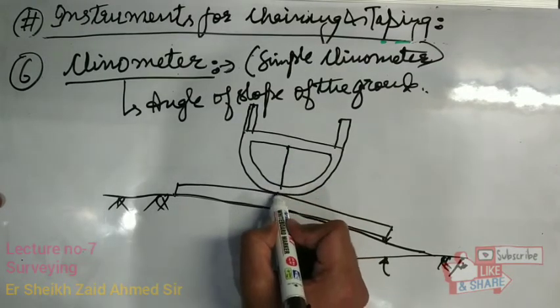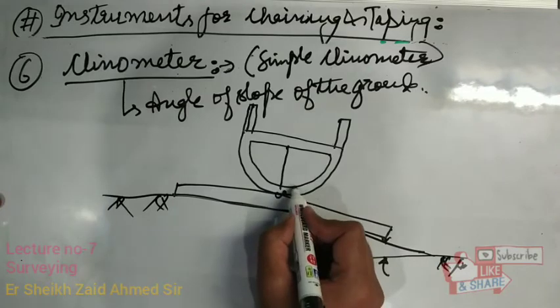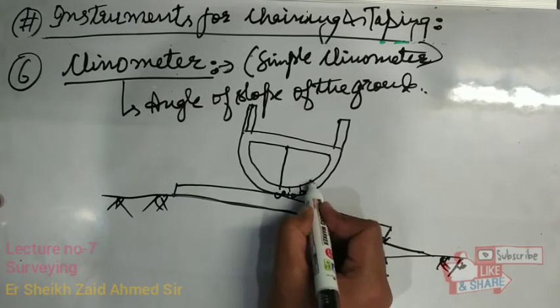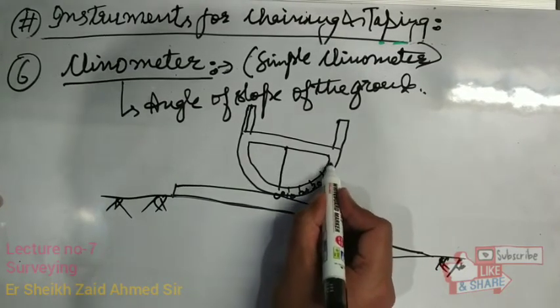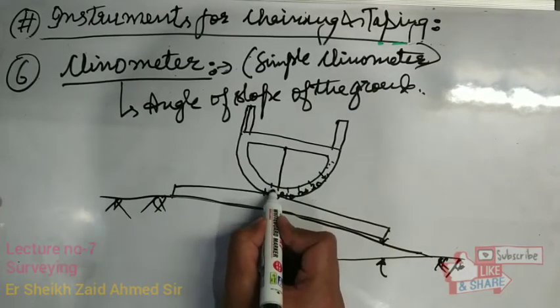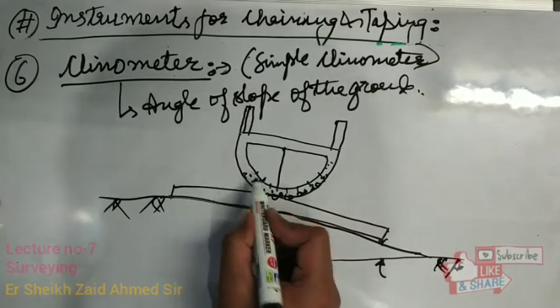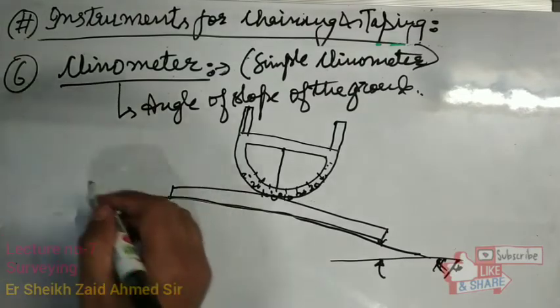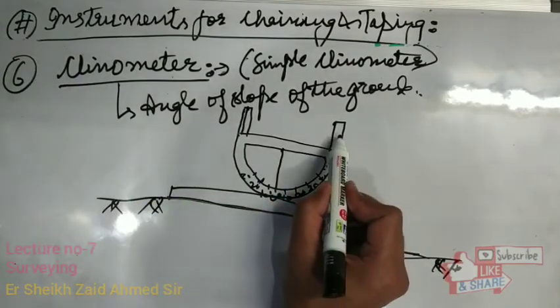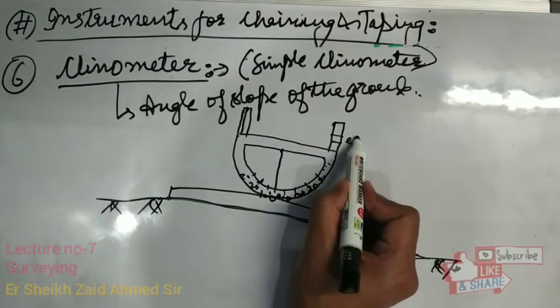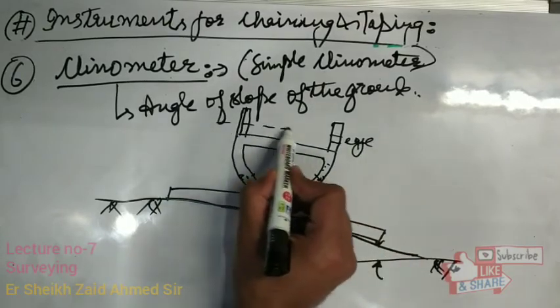Here are the graduations. This is 0 degree, then 10 degree, 20 degree, 30 degree, 40 degree, and so on. Here also 10 degree, 20 degree, 30 degree. These are slopes. This is the eye here, and this is the line of sight.